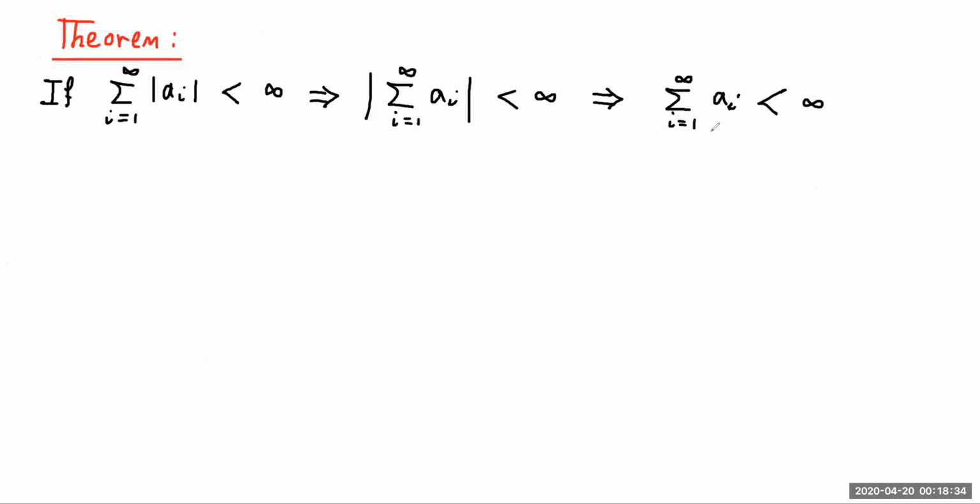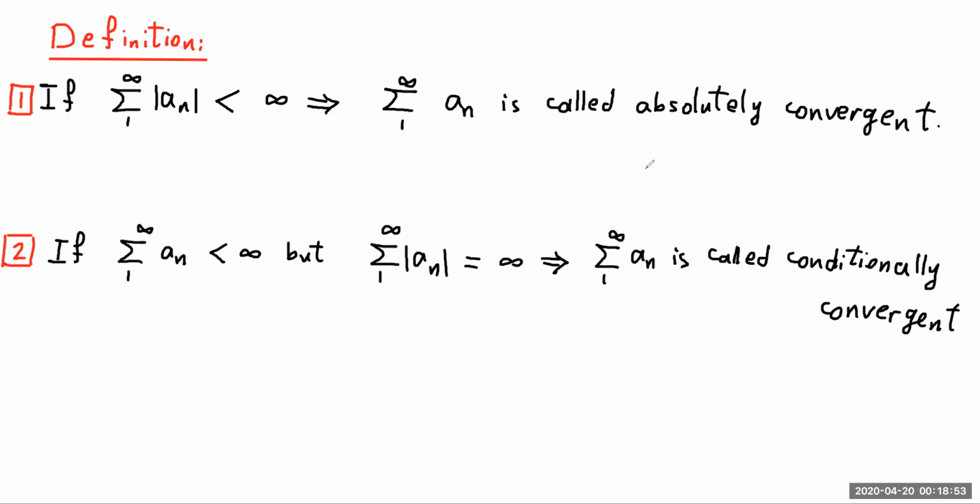So in this case, I will call this series converges absolutely, because it converges and the sigma of absolute values also converges. Okay, let's resume.